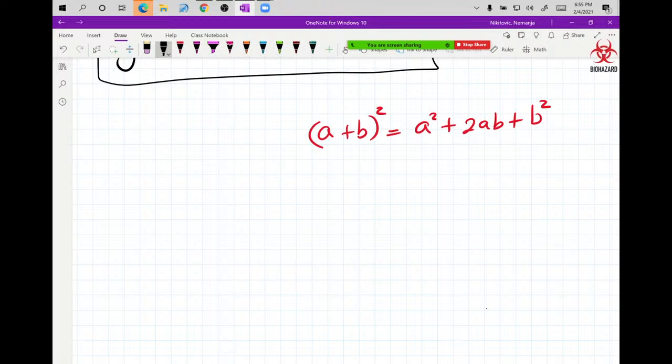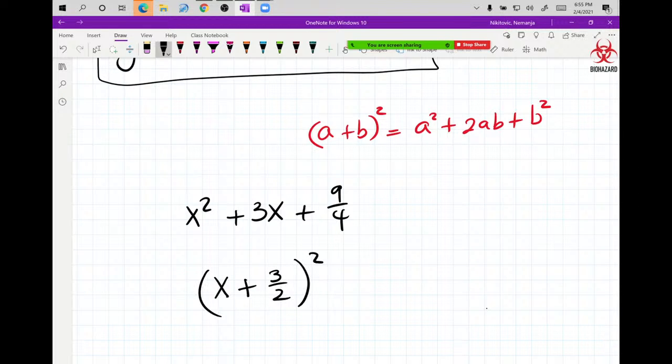But the fact was x squared plus 3x plus 9/4, right? And now you are either going to factor this, or you know that when you have a perfect square, you can use the trick that I repeated twice: square root of the first, sign of the second, square root of the third, everything squared. Oh, that's what you meant.